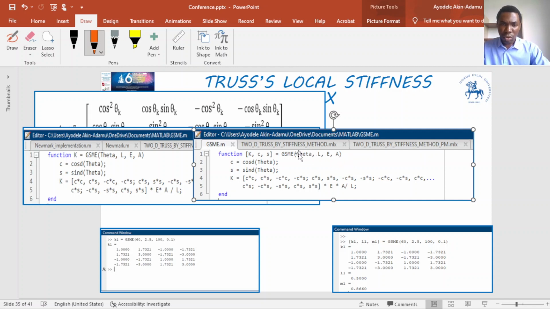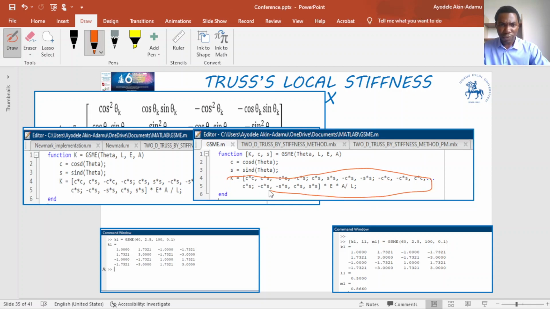So once you use this function and you enter these 4 parameters, this function returns 3 output variables for you to help you compute the local stiffness matrix, which is K, which is defined by this Matlab line of code here. So the K gets computed for us. The C is my cosine angle and the S is my sine angle.